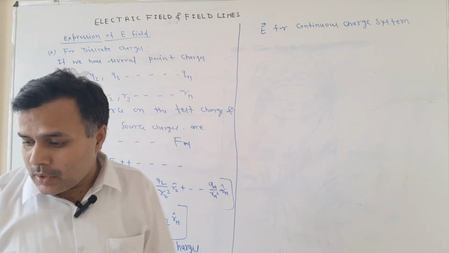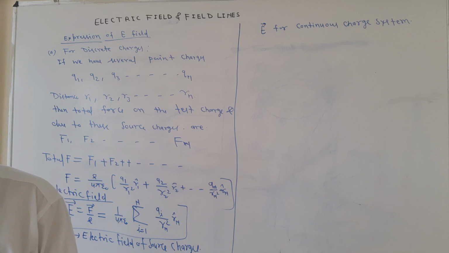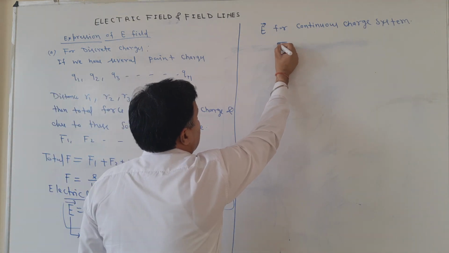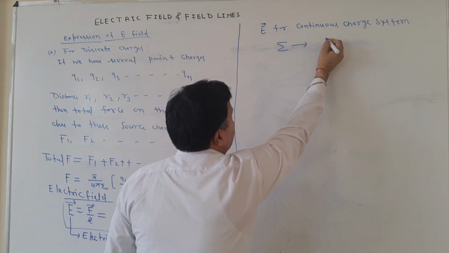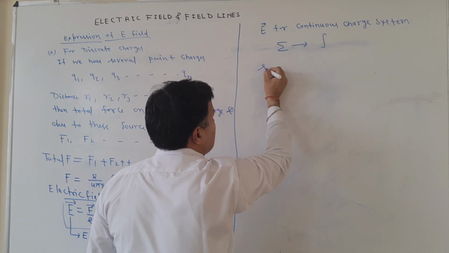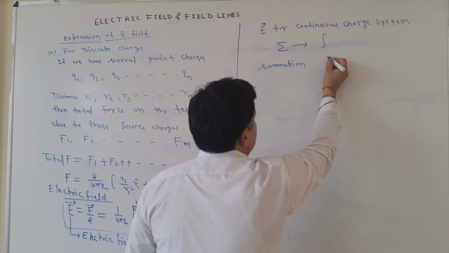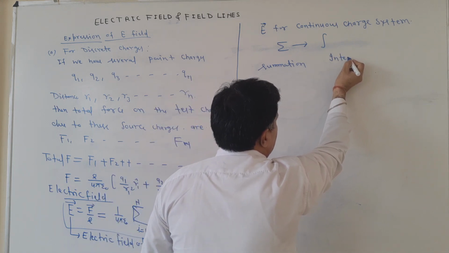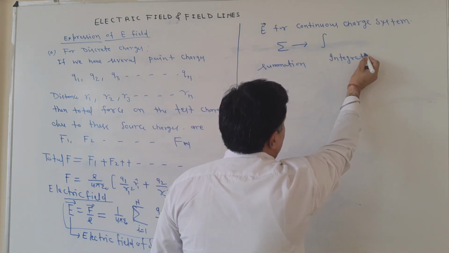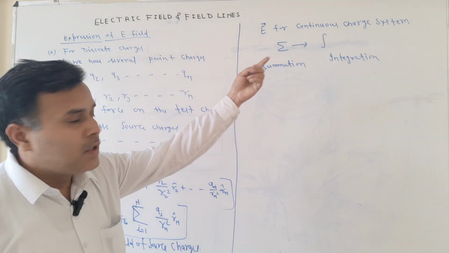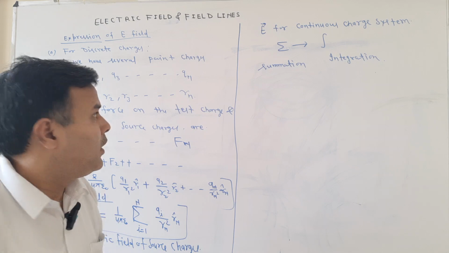There is a relation between discrete and continuous systems. For the electric field profile of a continuous system, summation changes into integration.